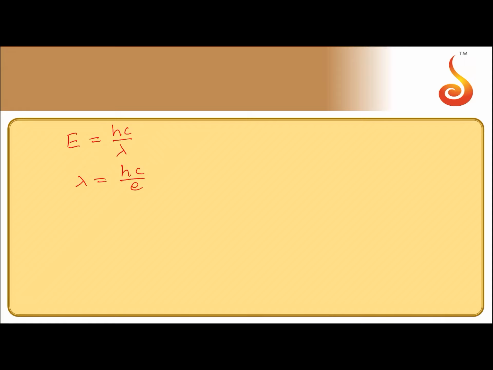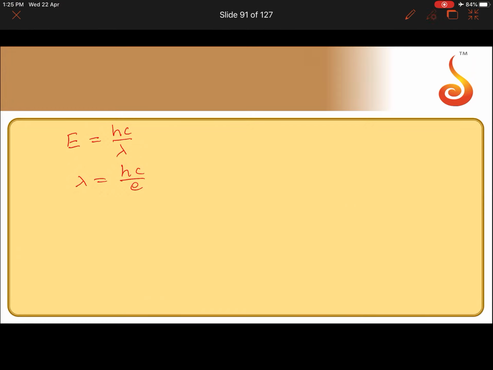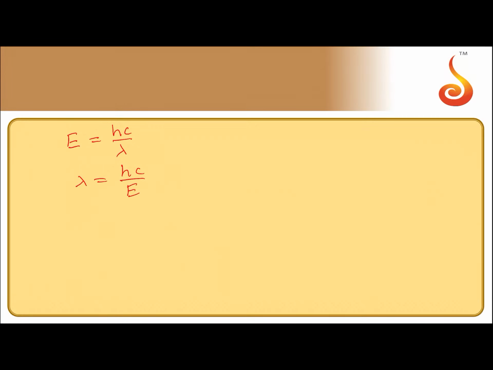So this must be capital letter E. So hc is what? They have given 12,400 electron volt angstrom. So energy is given in electron volt, that is 0.72. So you'll directly get the answer in angstrom.